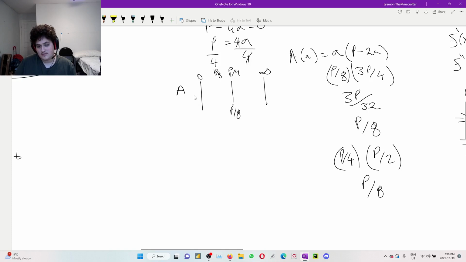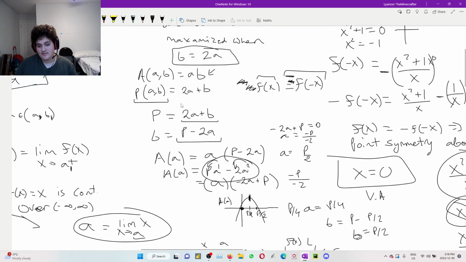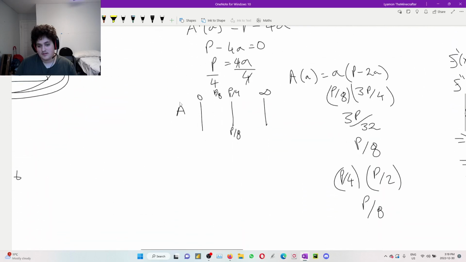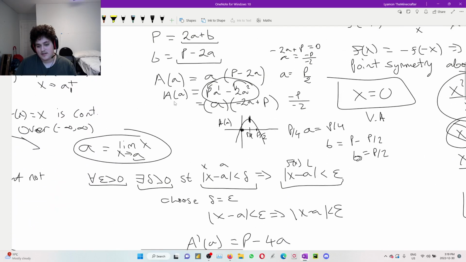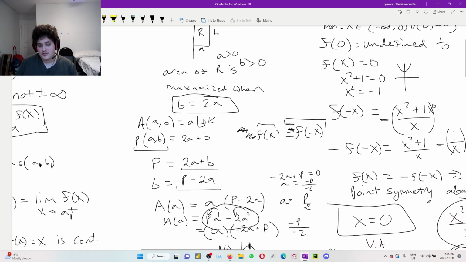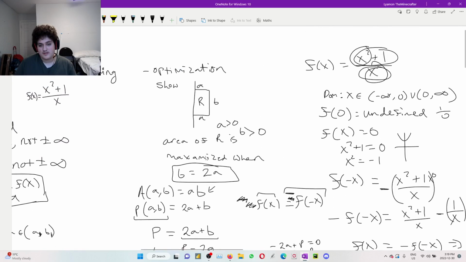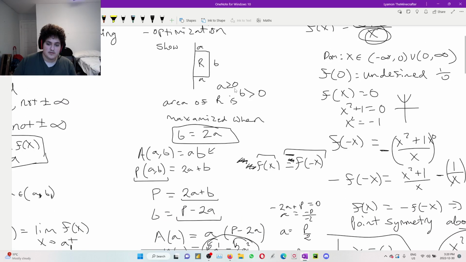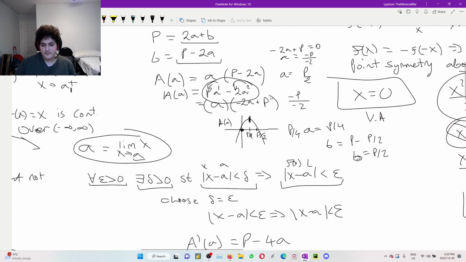So clearly A is increasing, right? Well, I mean, if we allow A to be 0, right? In theory you could have A be 0, and then B would equal the perimeter, which would be greater than 0.